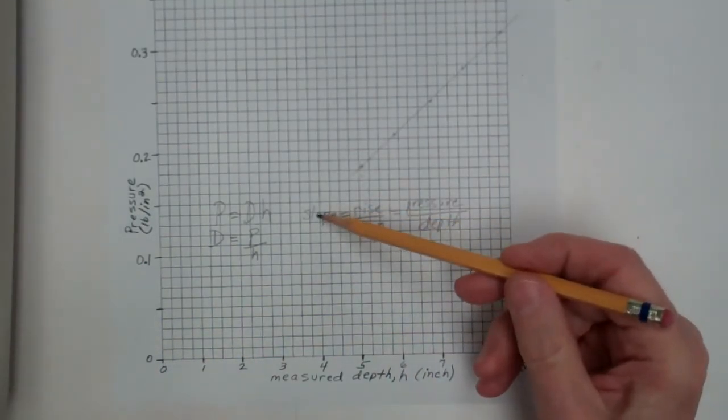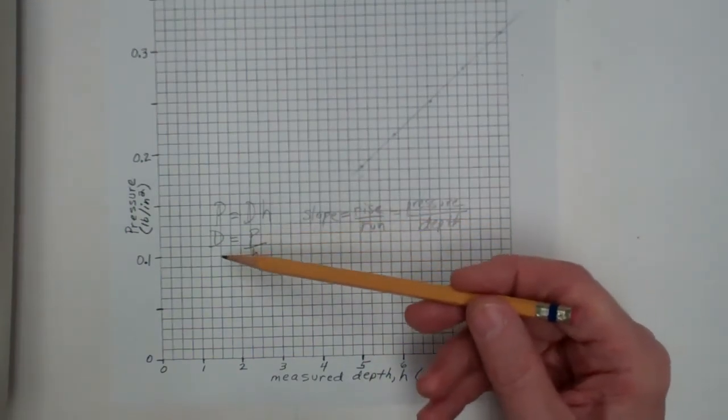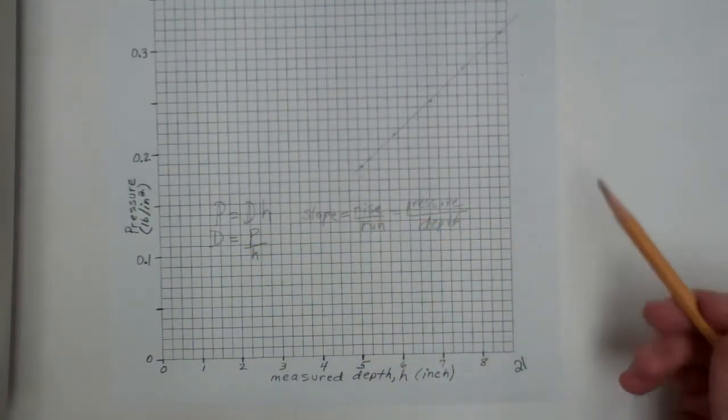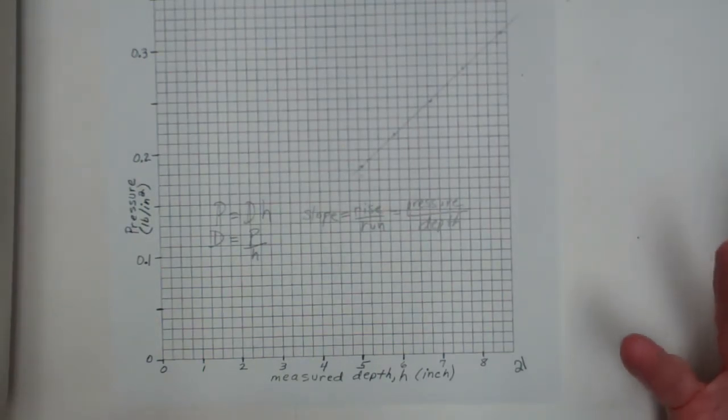So if we calculate the slope of the line, we'll calculate pressure divided by depth, which we see from the fluid pressure equation is density. So we should get a result here of something close to the 62.4 pounds per cubic foot.